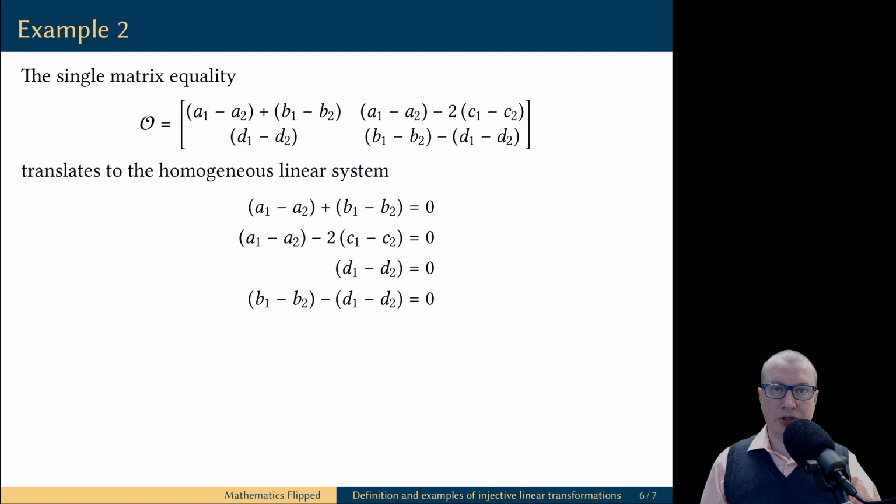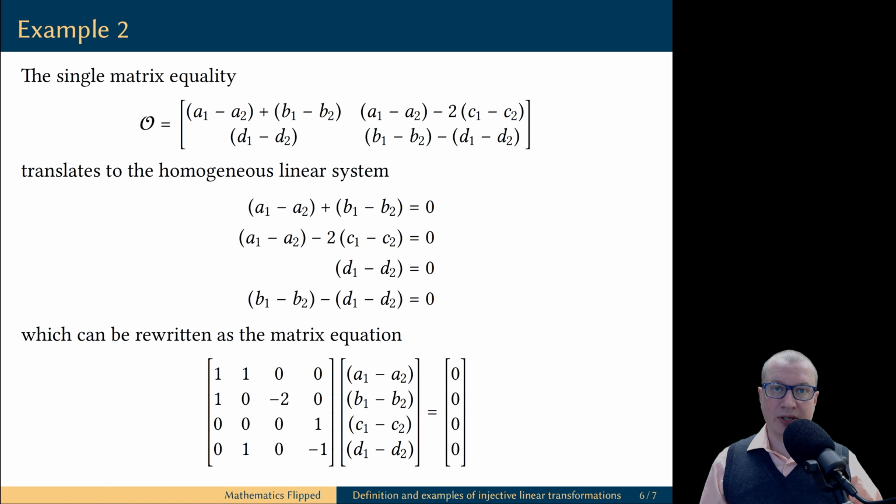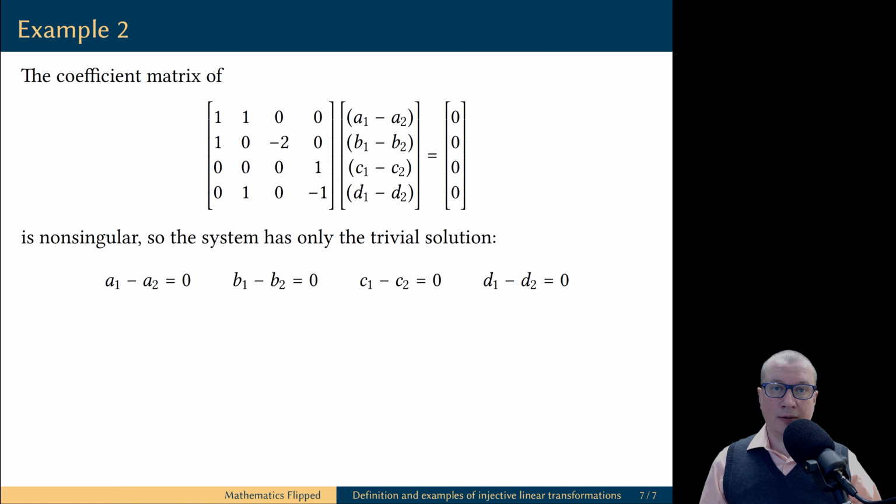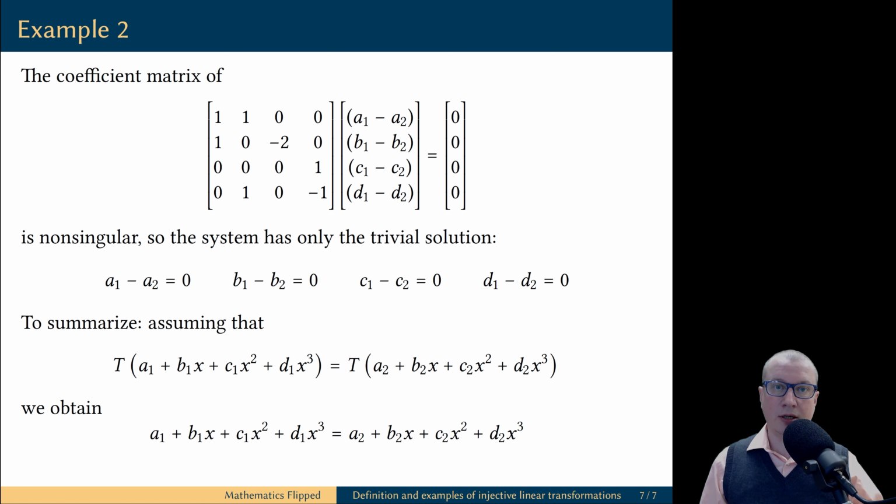This is a homogeneous linear system, and let's think of the differences as the unknowns in this system. We can represent this linear system in the matrix form, and we can check that the coefficient matrix of this linear system is non-singular. This means the linear system has only the trivial solution when all unknowns are equal to 0, but in turn it means the equality of the input polynomials.